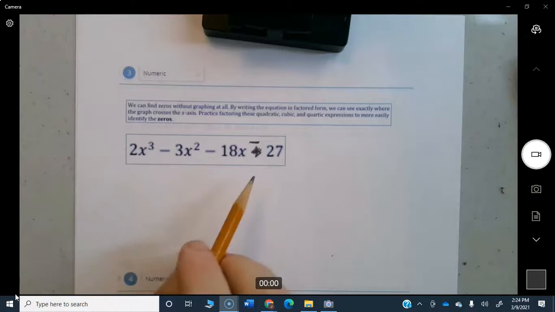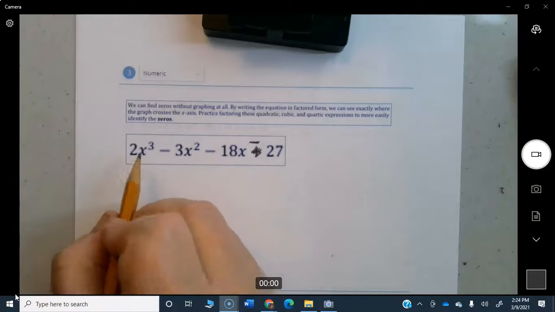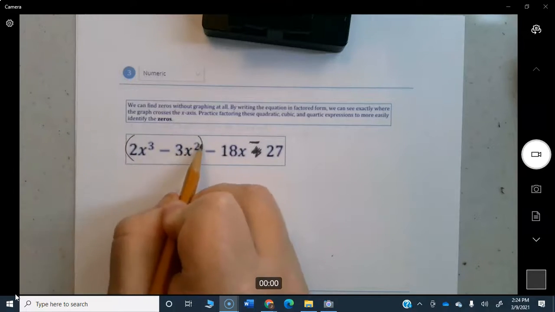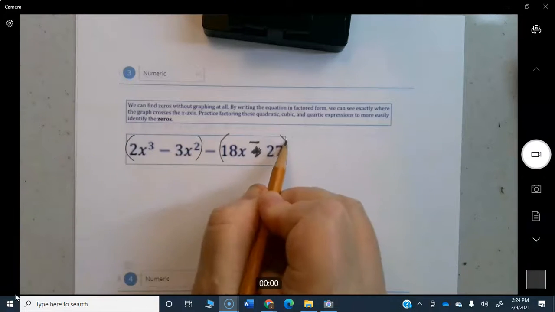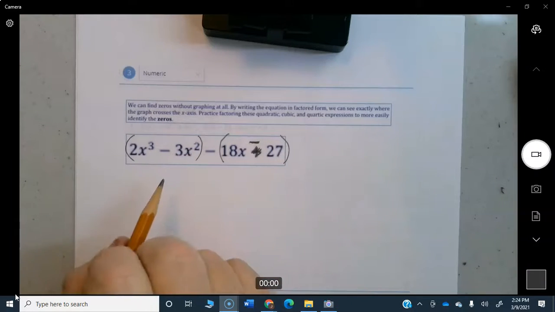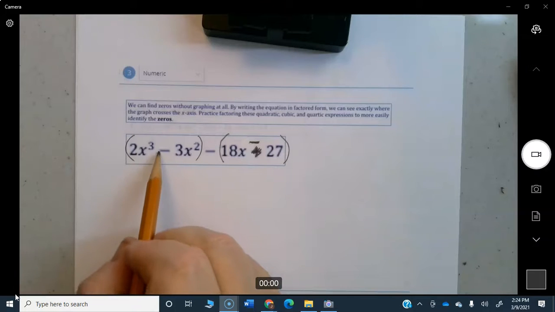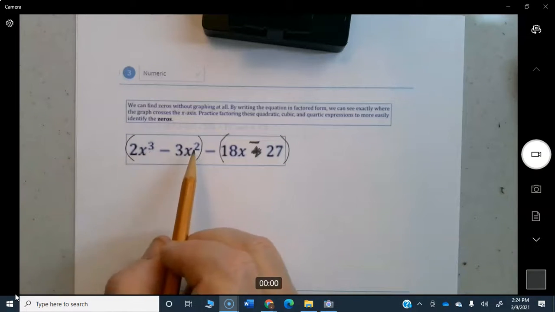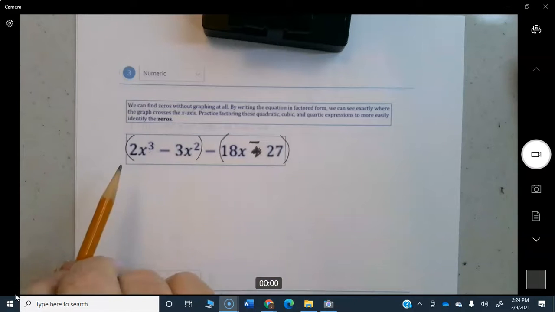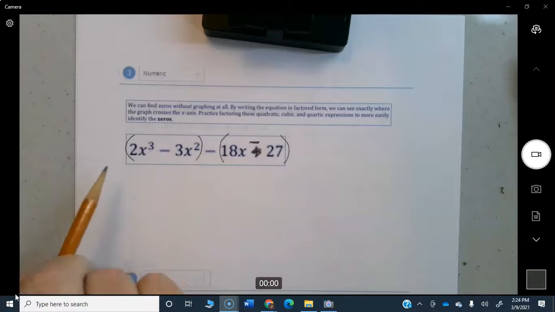Okay, so now this is factoring by grouping. So what you're going to do is group these two terms, and you're going to group these two terms. Okay? And the way you know this will work is it's got an x to the 3rd, a cubic, and then a square, and then x to the 1st, then a constant.